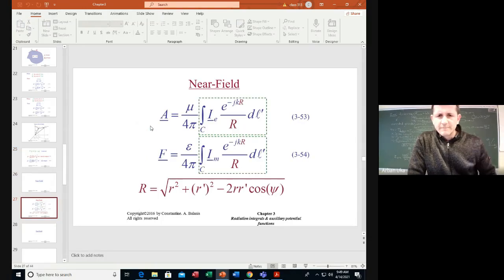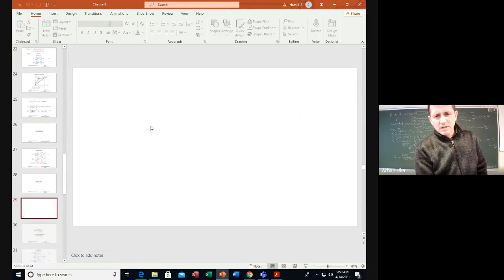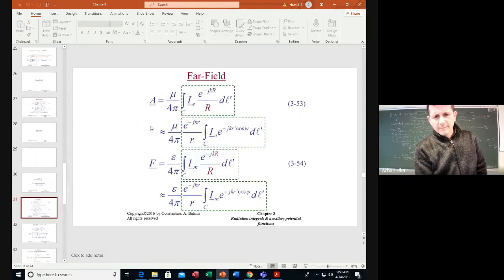We can analyze these fields in the near field regime and also in the far field regime. So there are some approximations which are relevant to include. For example, in the far field, the expression of A can be described by this expression, following the approximate sign.